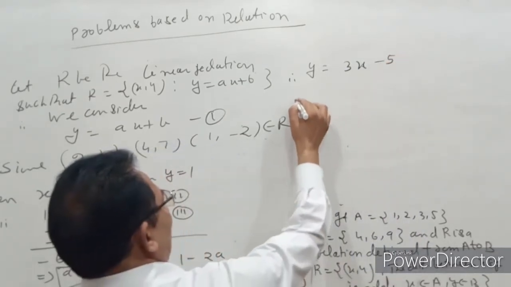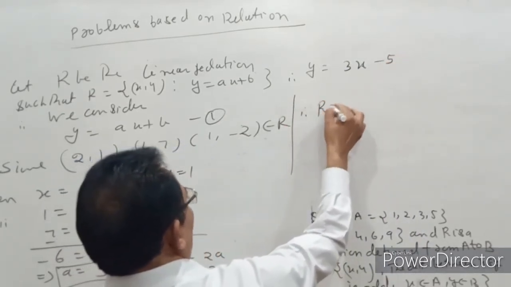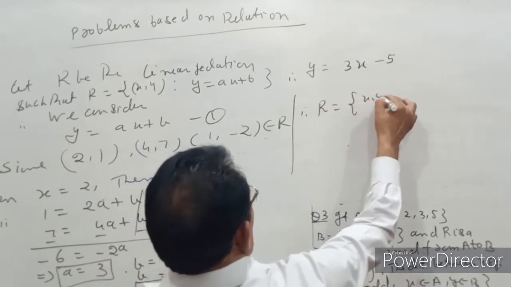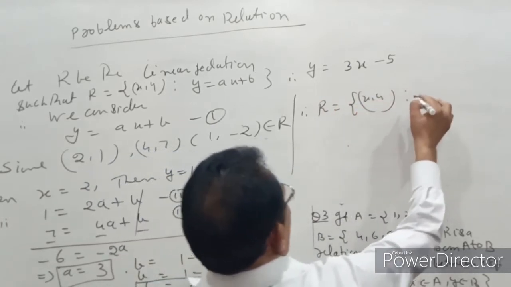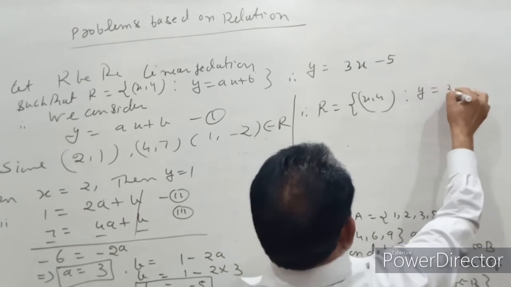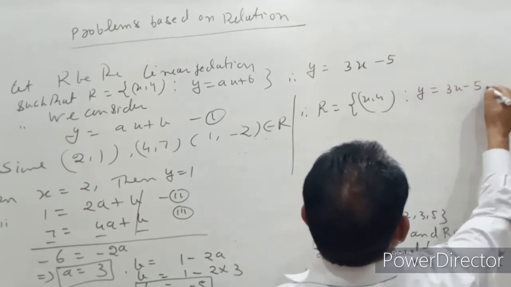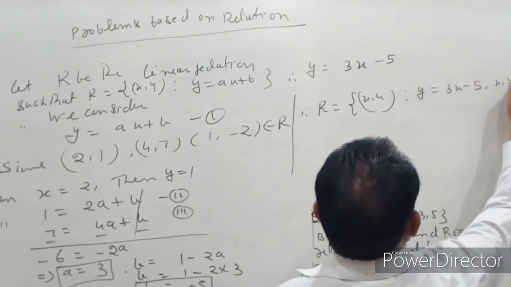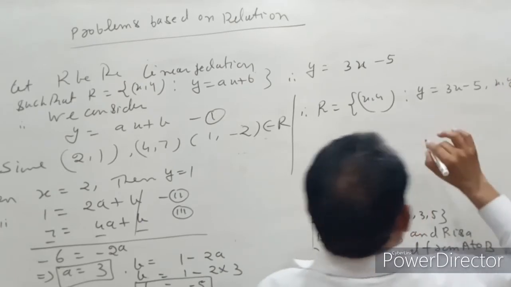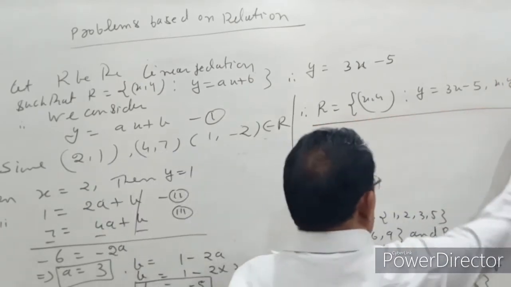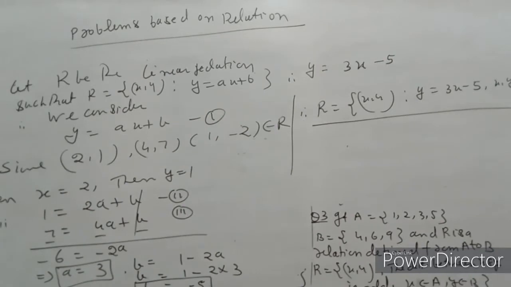Therefore we write R is equal to {(x, y) such that y is equal to 3x minus 5, x and y belong to R}. So this is the required relation.